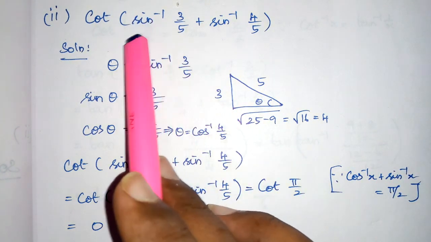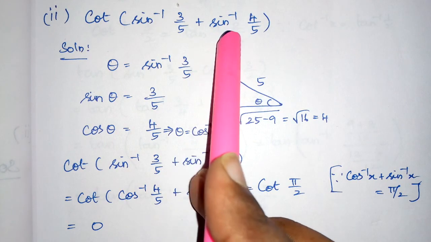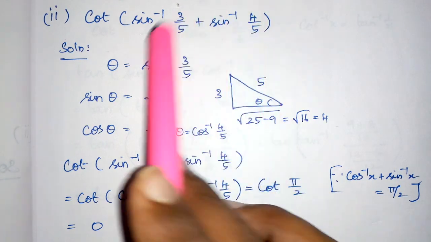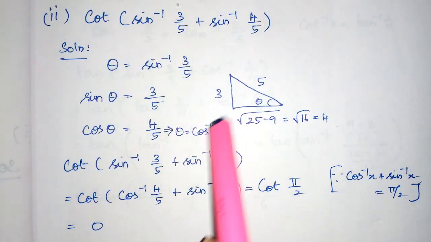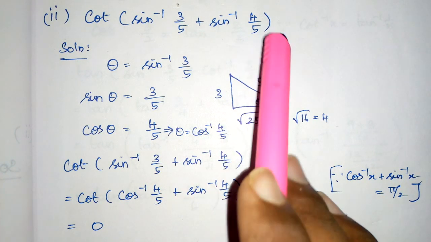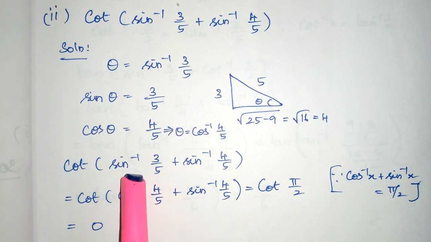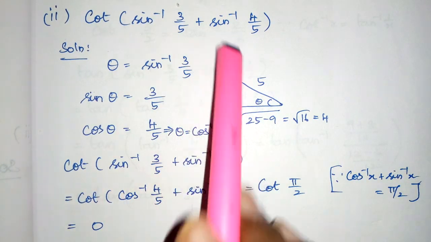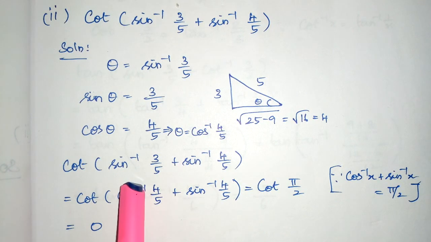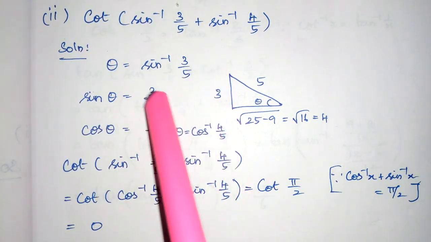If not, I have to go for a different method. I have to convert this into cot inverse, and this has to be converted into cot inverse, and then I have to apply some other formula like that. Luckily I have got the value 4 by 5 and here also 4 by 5. So I'm going to use this property. So this is the question, isn't it? I have written the question here. Now you know that sine theta is equal to 3 by 5, isn't it?